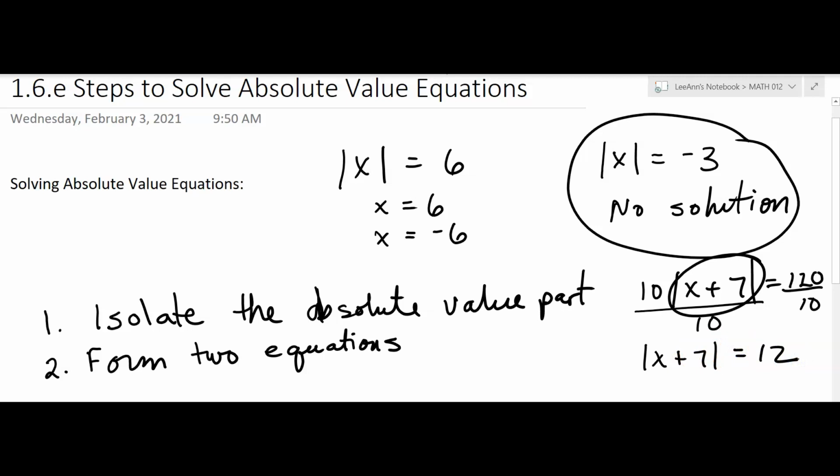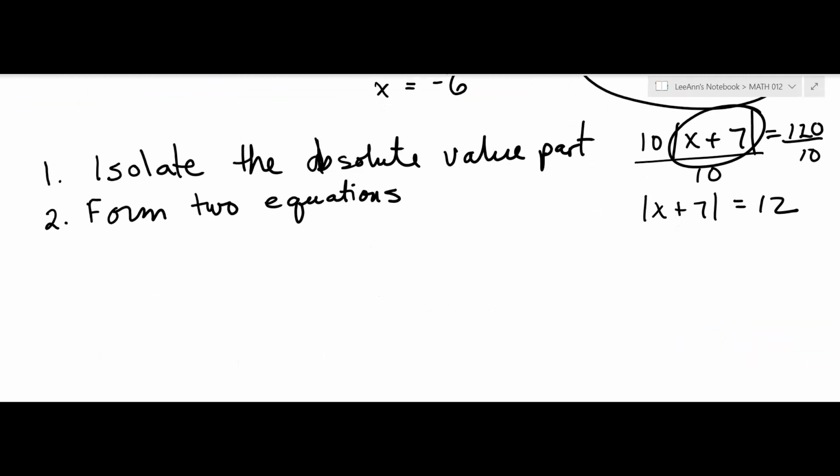So your two equations are going to come from, let me move this up a little bit, what's inside the absolute value: x plus 7 equals, and I usually write the negative one first, negative 12, or x plus 7 equals positive 12. Kind of ran out of room there. But that's what you're doing. You're taking the part that's inside the absolute value, taking it out, and you're going to set one to the positive and one to the negative.